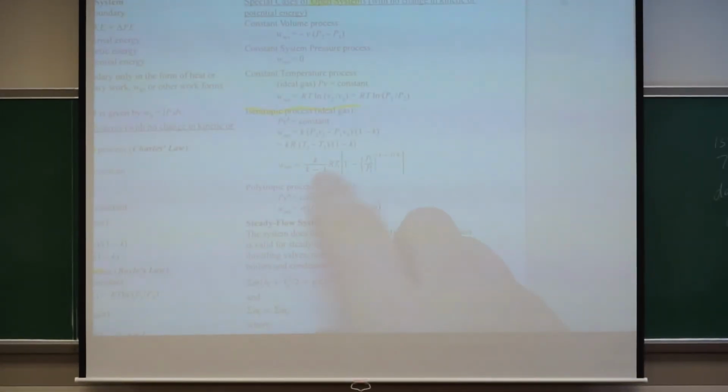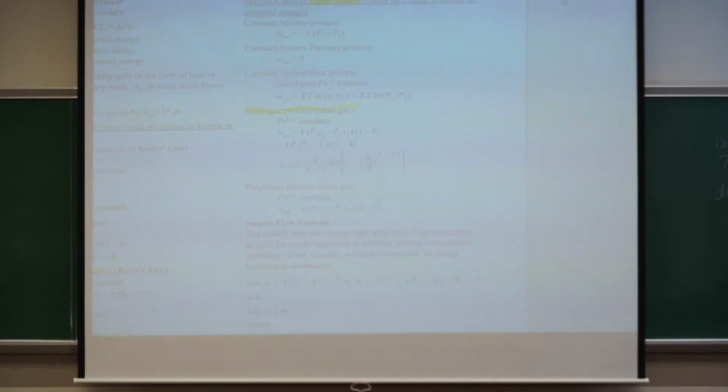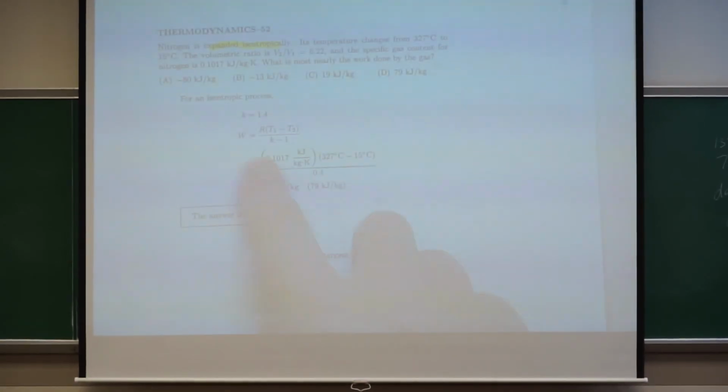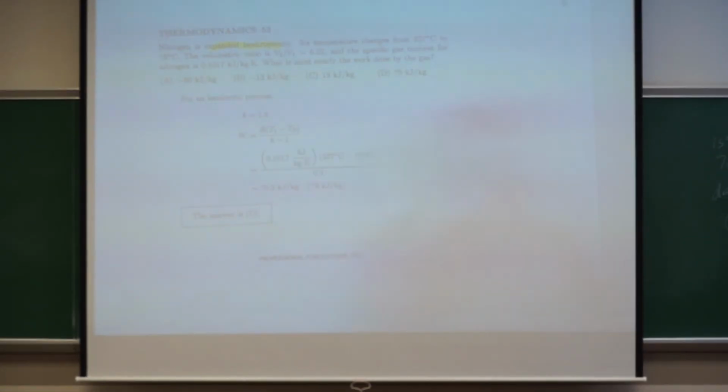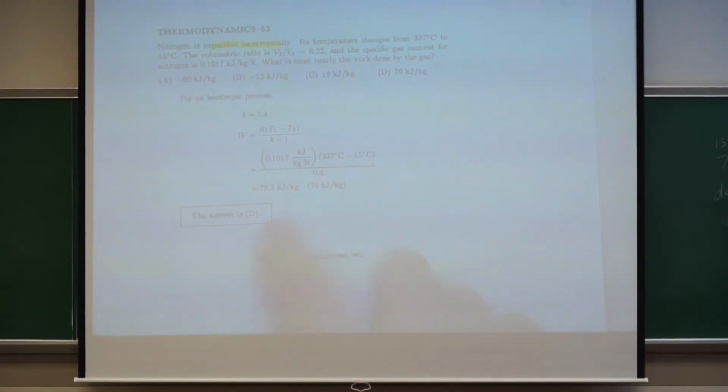So that's where you can find the equation. So you can see that's how this problem is solved. You go to the right location of the handbook, find the equation, and then you just need to put in the gas constant, and you can find the work.